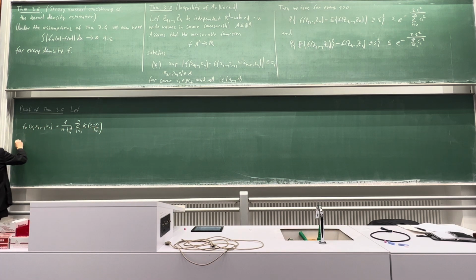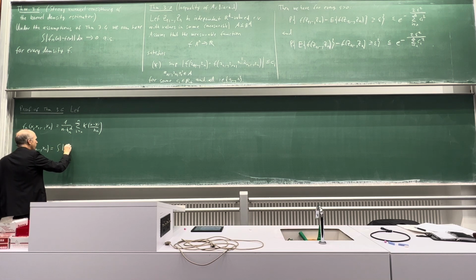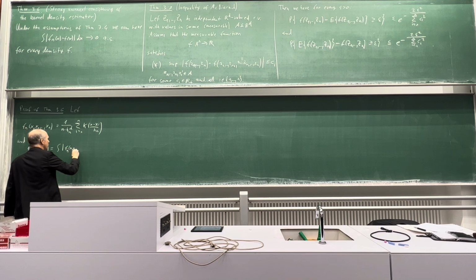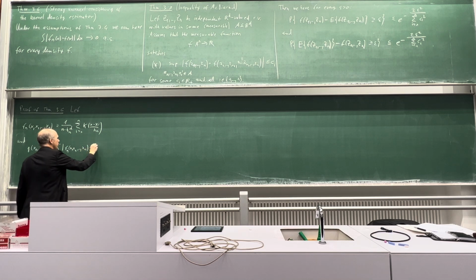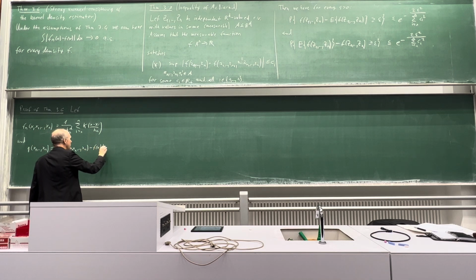And then I have a g, that's my L1 error. g of x1 to xn, that's the integral over fn of x, x1 to xn, minus f of x, dx.